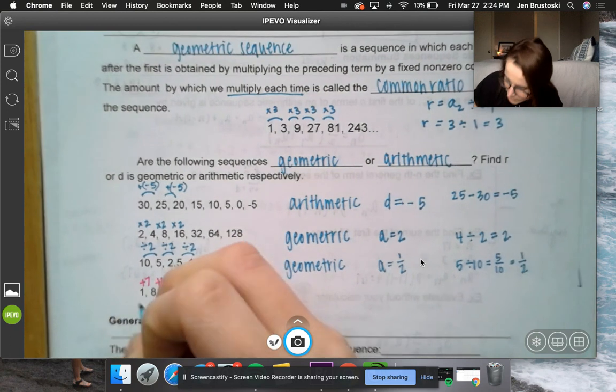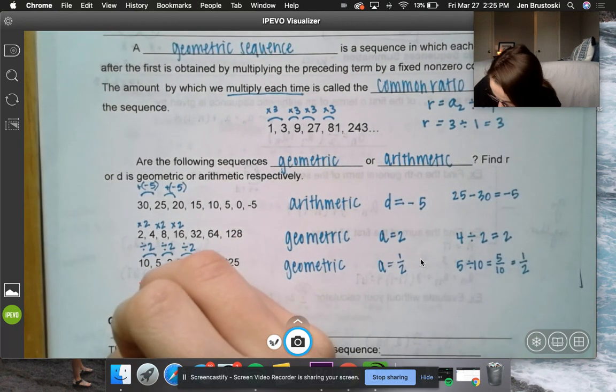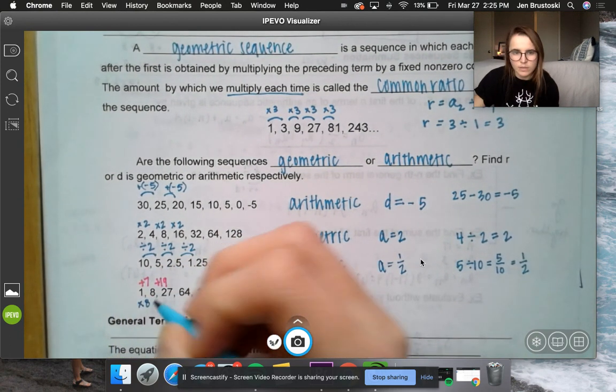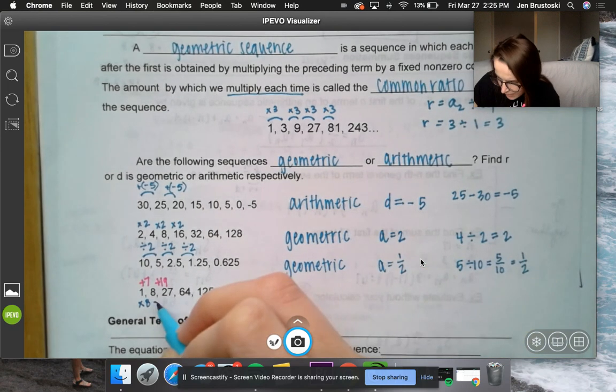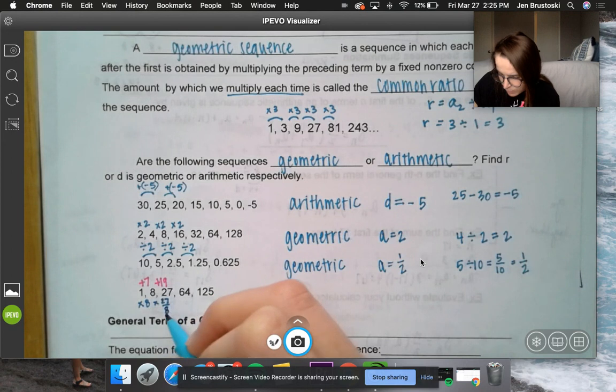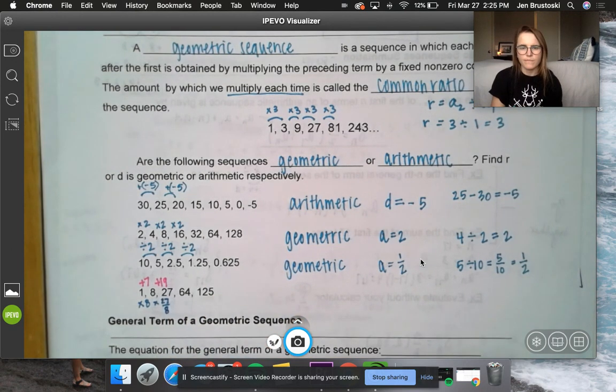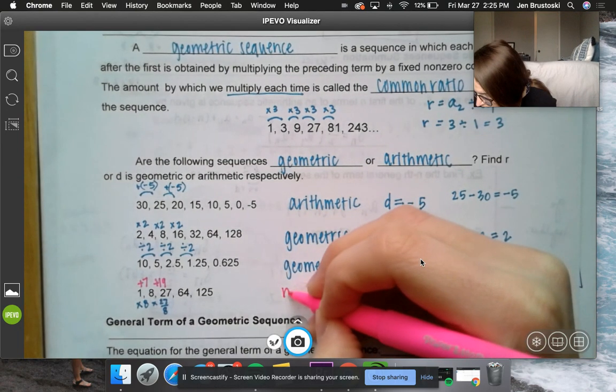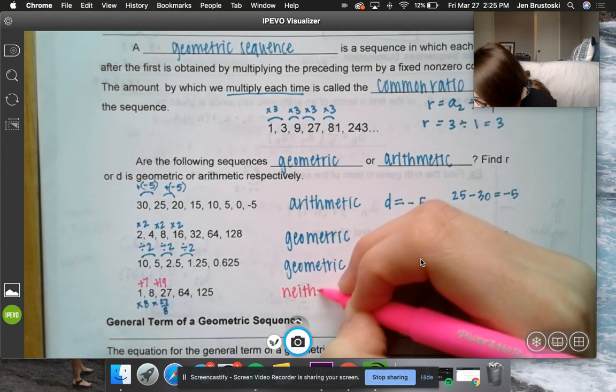To get from 1 to 8 by multiplying, I multiply by 8. To get from 8 to 27, I multiply by 27 over 8, which is not a pretty number. And so because I don't have either, the answer is going to be neither geometric nor arithmetic.